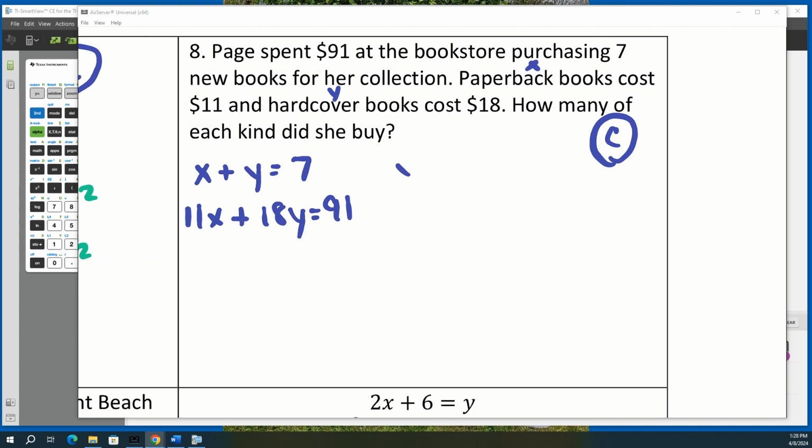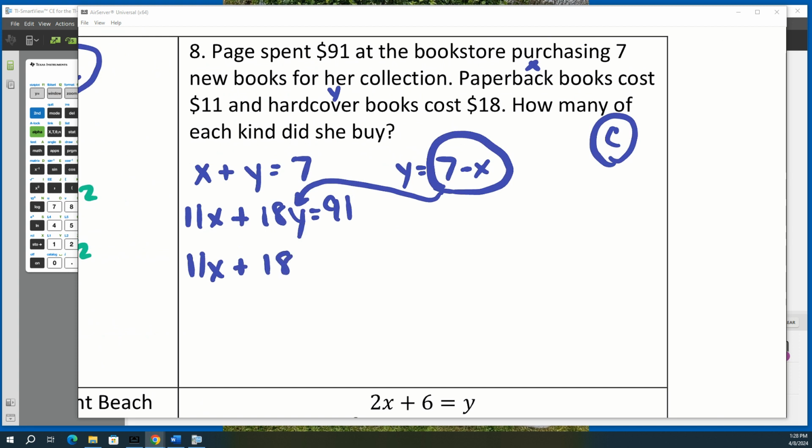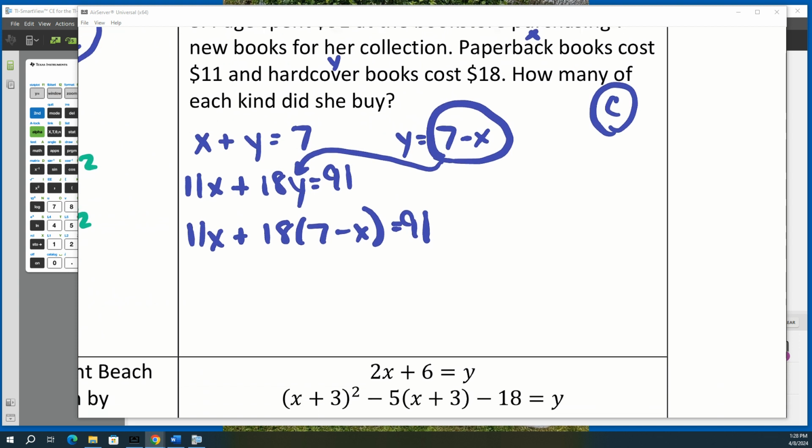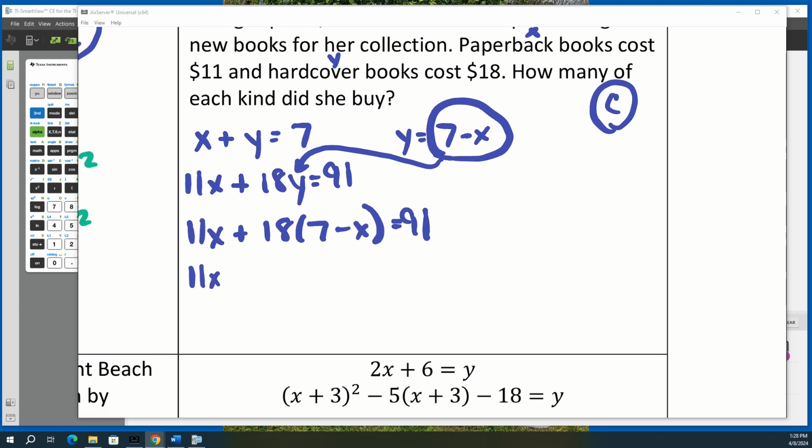Okay. So what would Y equal? 7 minus X. Yeah. So I'm going to take that, put it here. All right, 18 times 7 is 126. All right, then I'll combine my x's together. That's negative 7x.